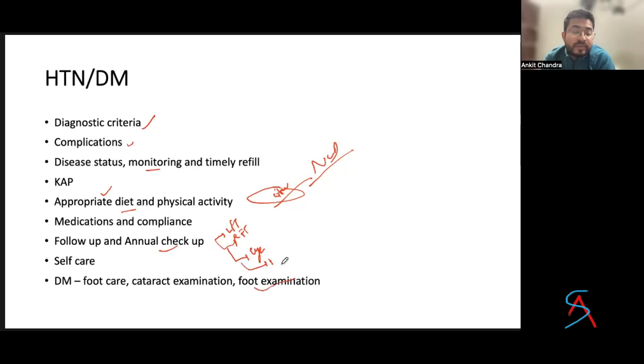For diabetes, remember to look for cataract examination and foot examination. Self-care is very, very important, especially among diabetes and other non-communicable diseases. Read about what it is and how it is to be done.